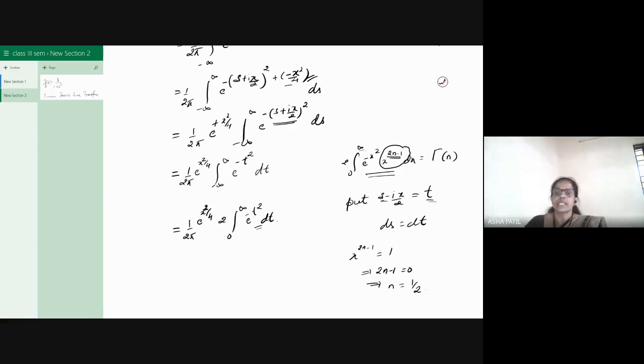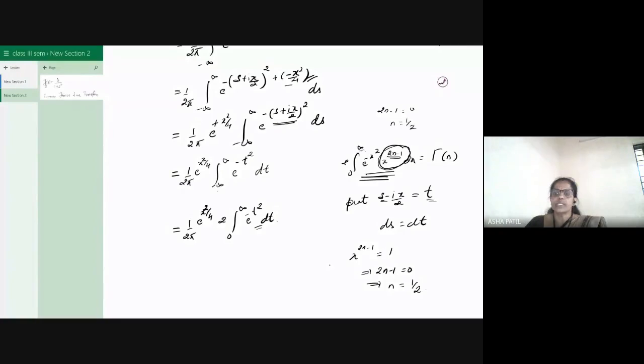So what I want to say in all is, if you have this gamma function, compare the terms. Here you have e raised to minus t square, here it is e raised to minus x square. Now this term x raised to 2n minus 1 is not there. That implies 2n minus 1 must be equal to 0, and thus n is 1 by 2.